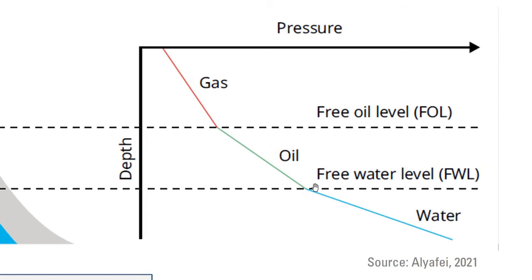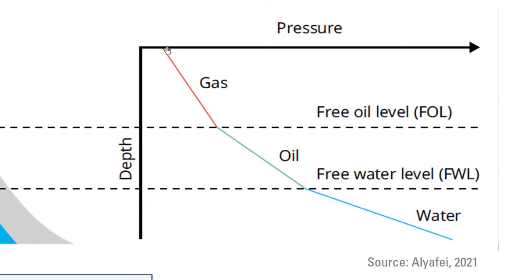Kemiringan garisnya berbeda. They have different gradients. Why? Because they have different densities. So they will have different pressure gradients, and the lines will be different.